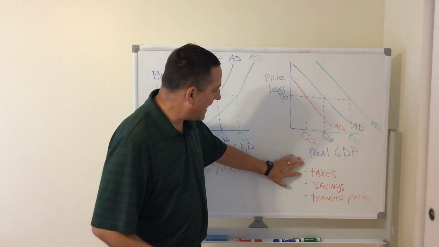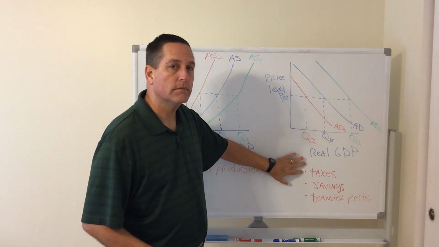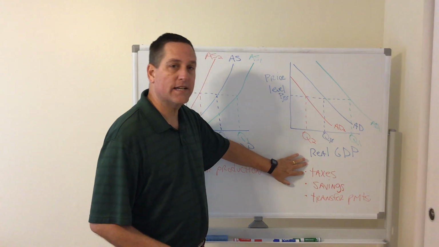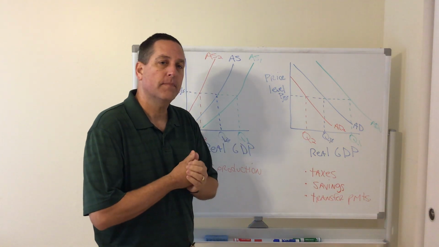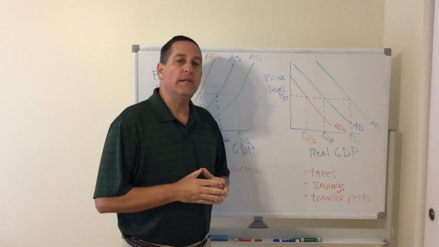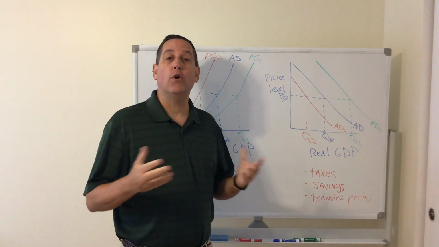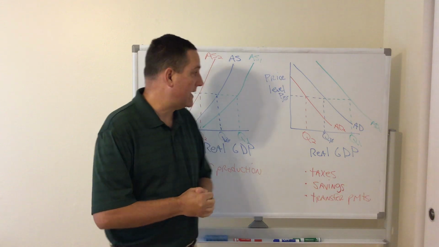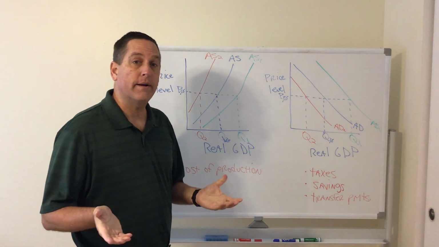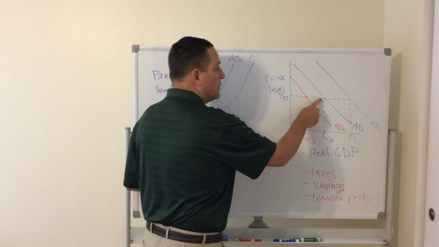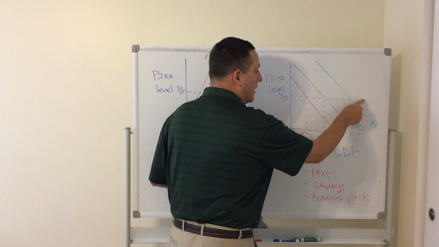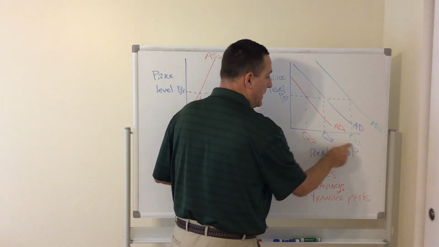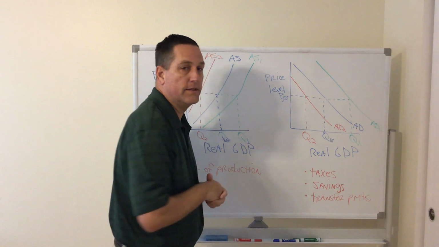But a change in aggregate demand can be caused by taxes. If the economy is in bad shape and the government lowers our taxes, how will people respond to lower taxes? Well, they're now going to have more money in their pocket, so they'll demand more. They'll demand more even though the prices stayed the same.